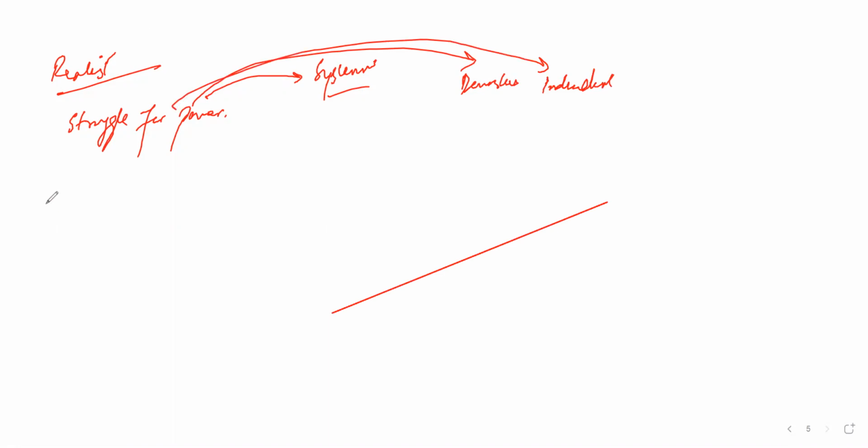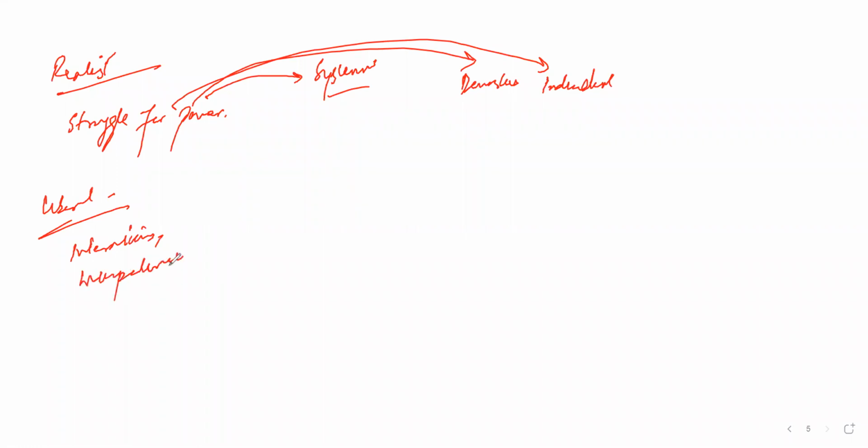Secondly, liberals. Well, liberals argue that interactions, dialogue, interdependence, institutions are important. So they would apply these interactions, institutions, and their working at the systemic level.